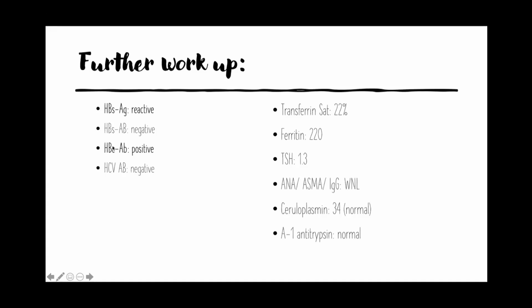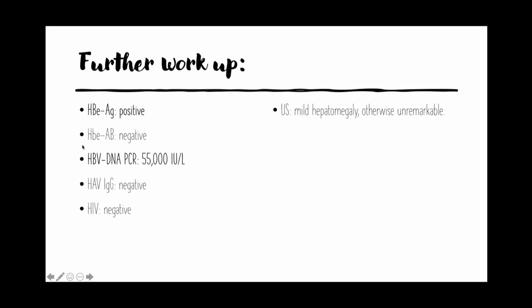The next step after having reactive S antigen and core antibodies would be to send for E antigen, which was positive, and DNA was also 55,000 units per liter, and his ultrasound showed just mild hepatomegaly, otherwise unremarkable. So what do you want to do with this patient?